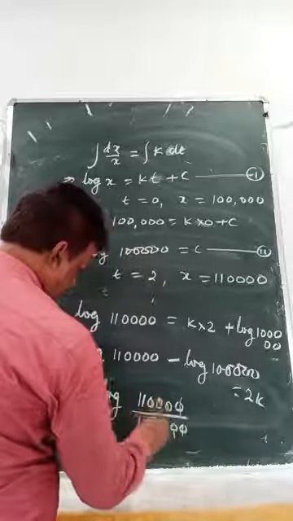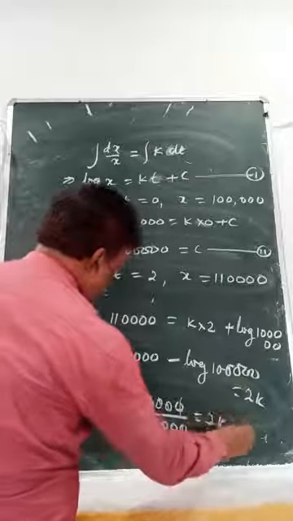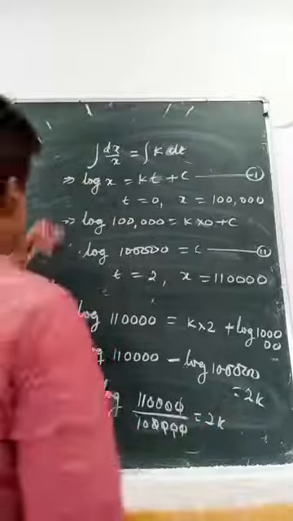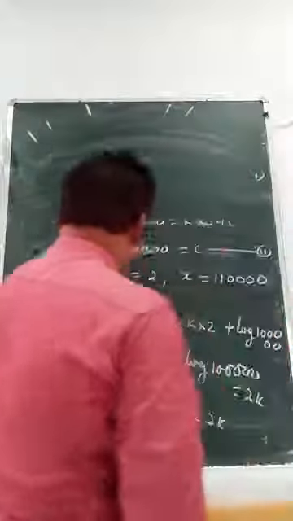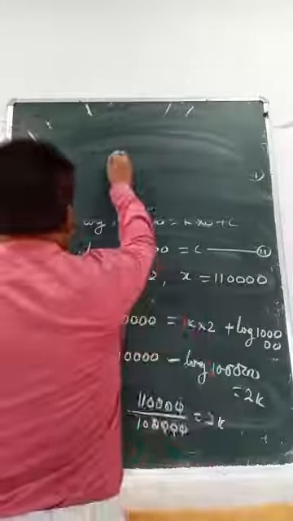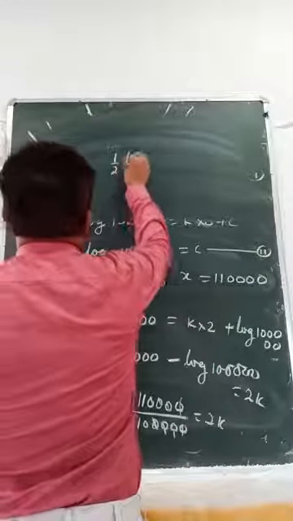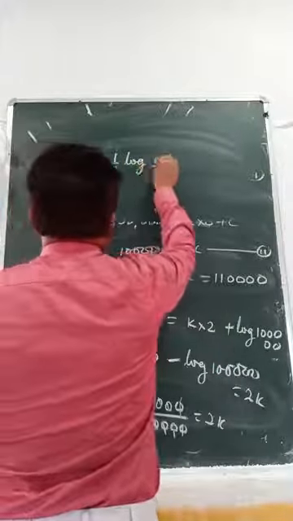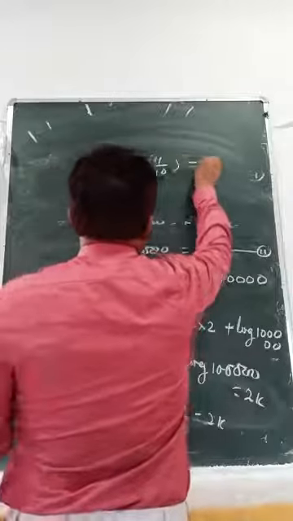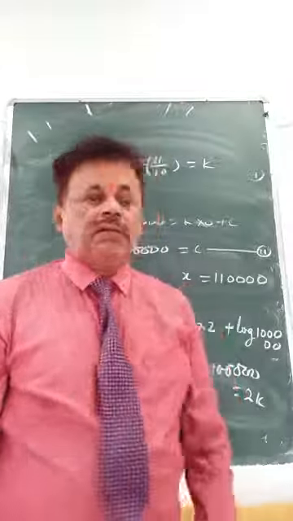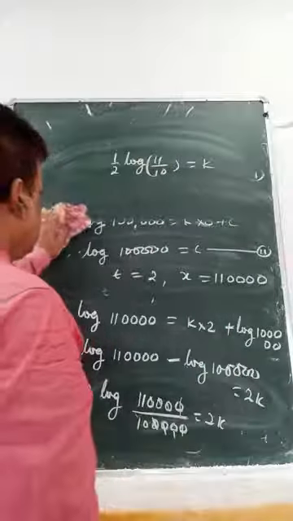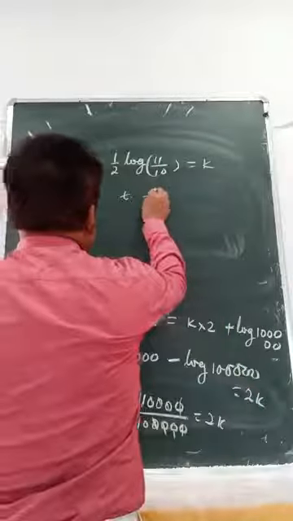Cancel the zeros, so 2k equals log 11 by 10. So half of log 11 by 10 equals k. After how many hours will it be 2 lakhs? That means we have to find out the time.